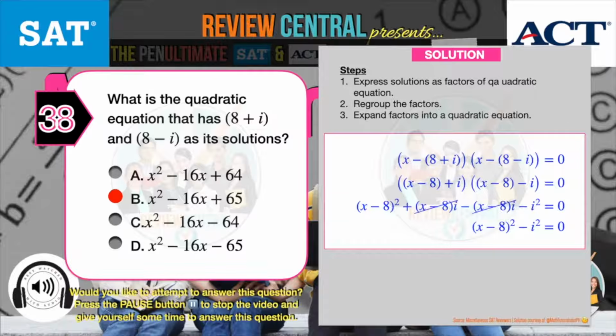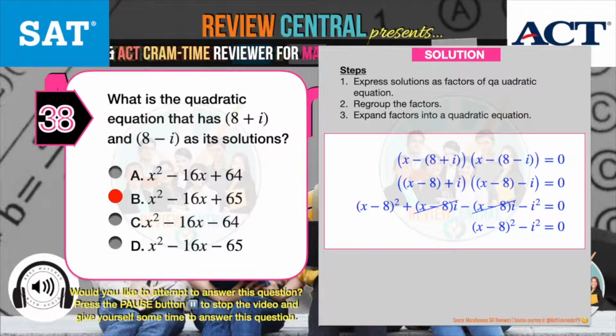We now expand the factors. x minus 8 times x minus 8 equals (x minus 8) squared. x minus 8 times minus i equals minus (x minus 8)i, x minus 8 times i equals (x minus 8)i, and lastly, i times minus i equals minus i squared. The (x minus 8)i terms should cancel out because the second one is preceded by a negative.